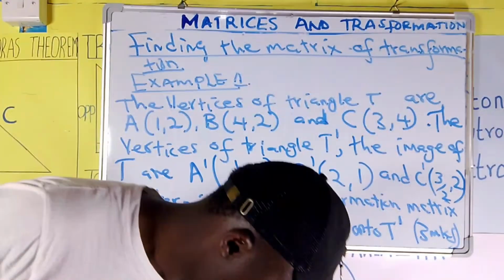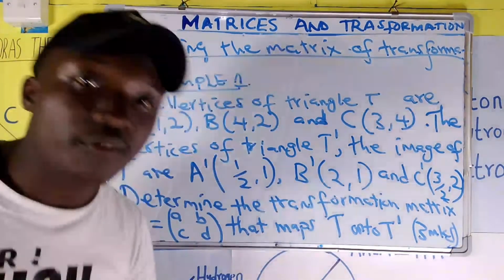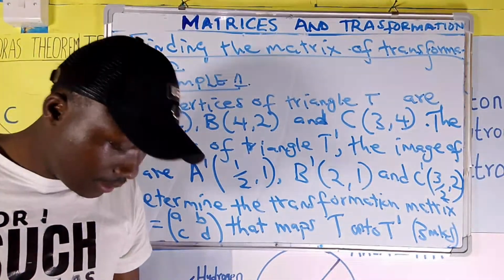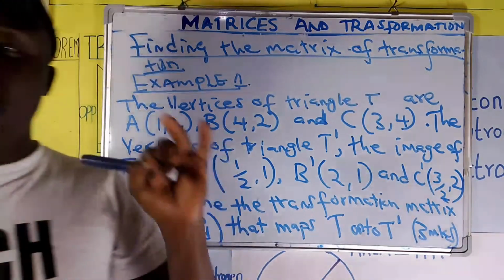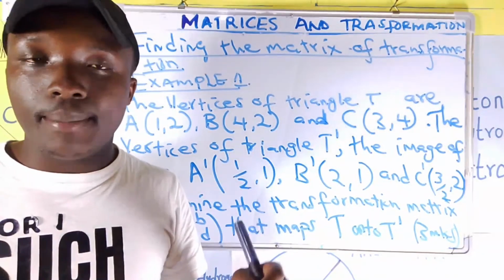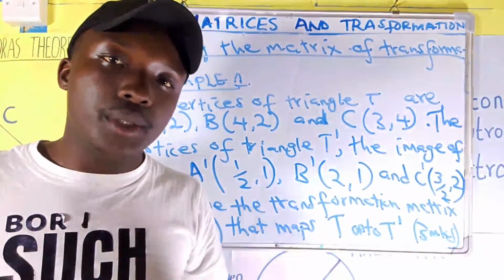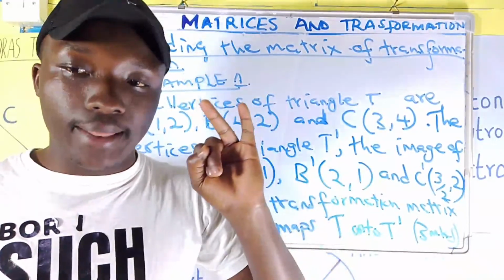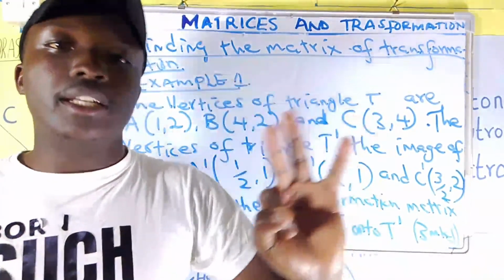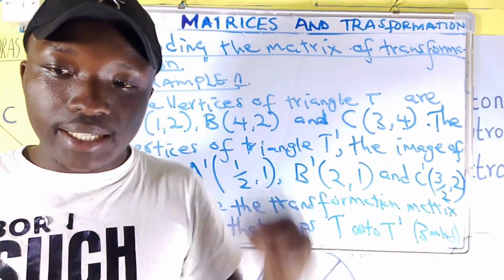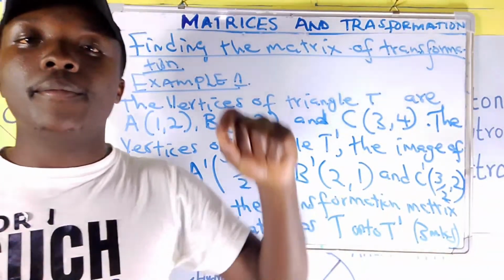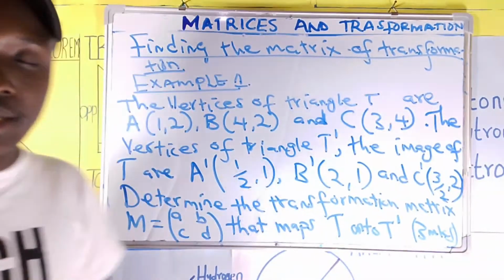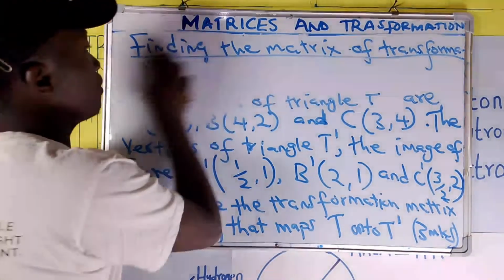So in this scenario, we have been given the coordinates of the object and the coordinates of the image. We are supposed to determine the matrix of transformation. What we started with was being given the matrix of transformation and the coordinates of the object, to which we determined the coordinates of the image. But the second part to understand in this topic is that we have been given the coordinates of the object and the image, and we are now supposed to determine the matrix of transformation.